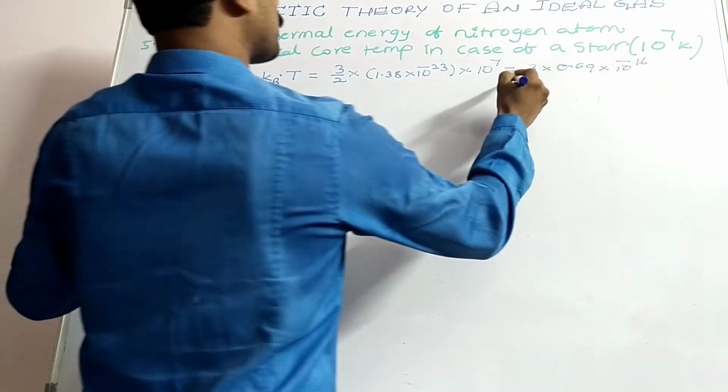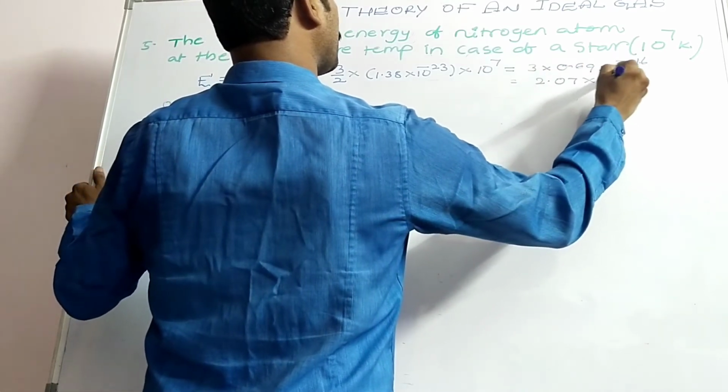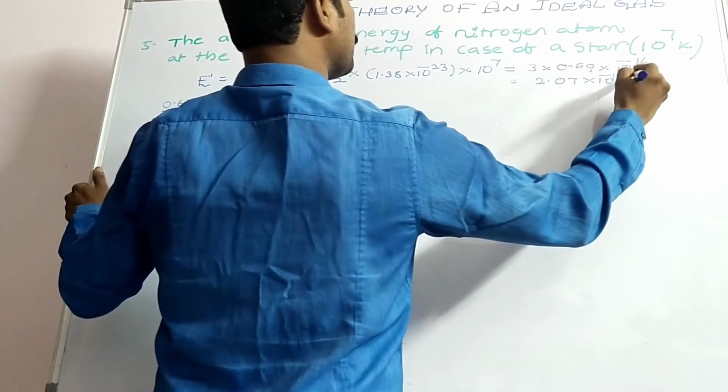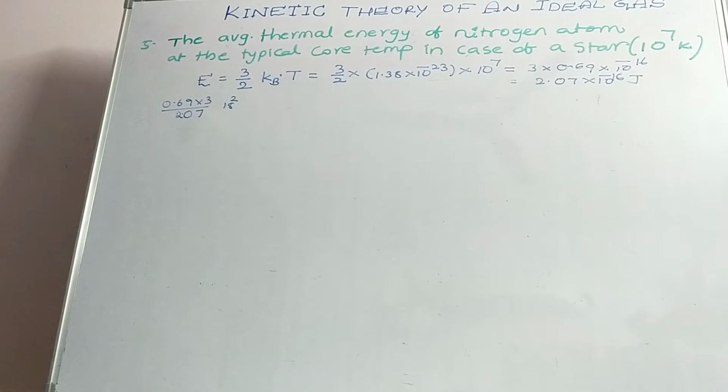So that is equal to 2.07 into 10 power minus 16 joules. That is the average thermal kinetic energy. Okay, next question.